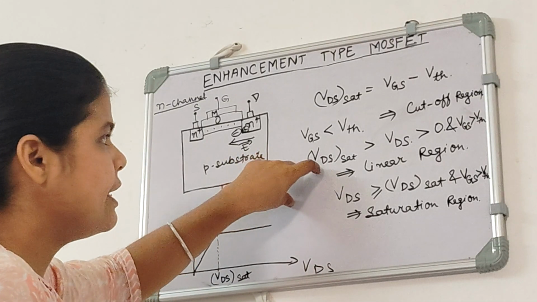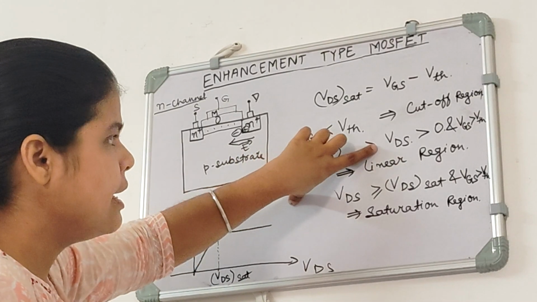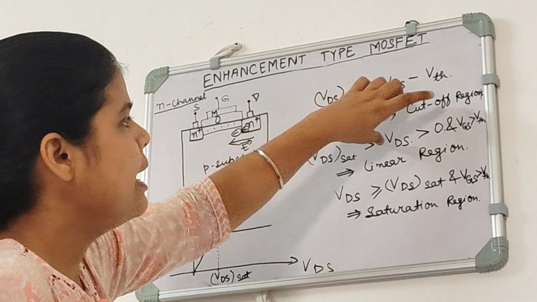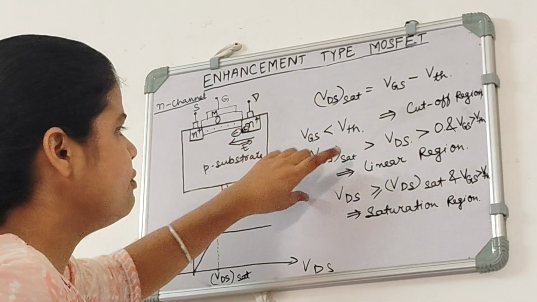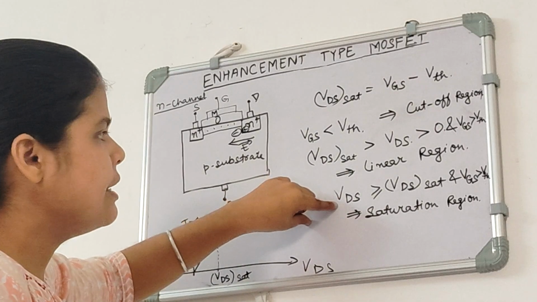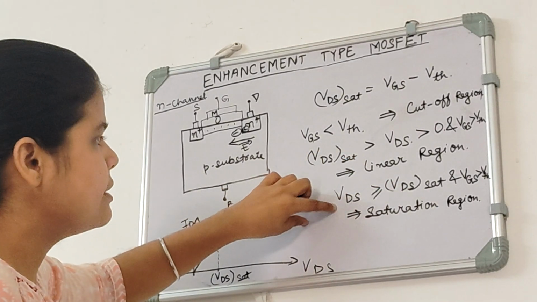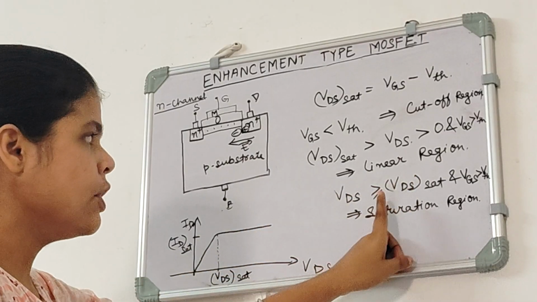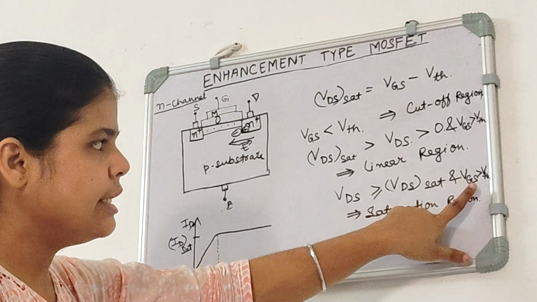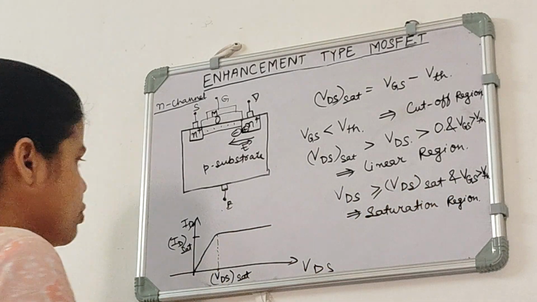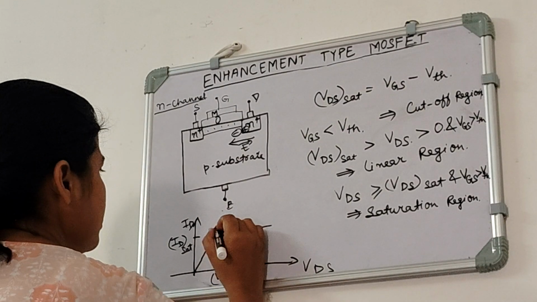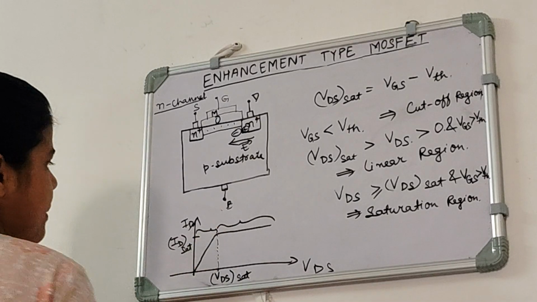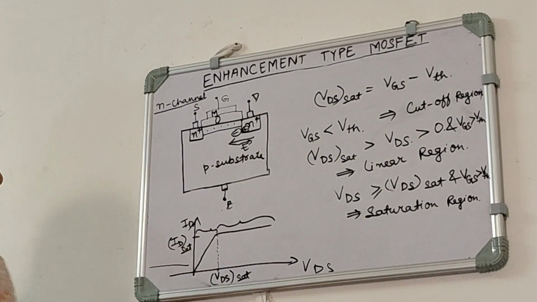When VDS sat is greater than VDS, that is VDS lies between 0 and VDS sat, and VGS is greater than VTH, we have linear region. And when VDS sat is less than or equal to VDS and VGS is greater than VTH, we have saturation region. So this is saturation region, this is linear region, and here we have cutoff region.